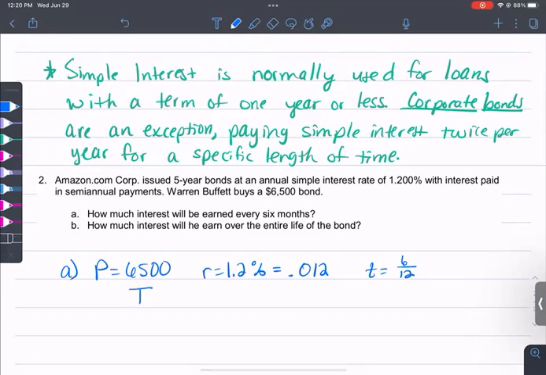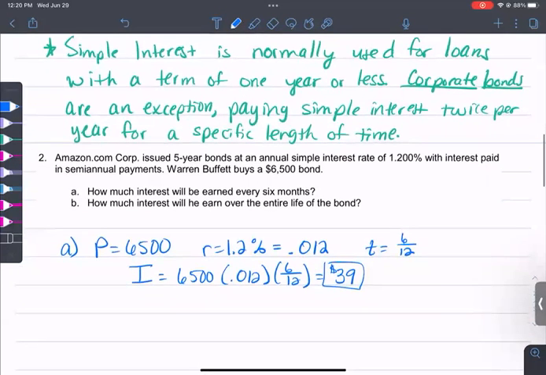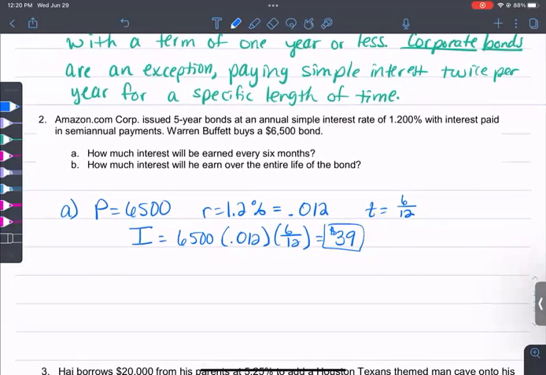So the interest that's earned every 6 months, we do 6,500 times 0.012 times 6/12 and get 39. So $39 would be the amount paid every 6 months. So part B asks how much interest will be earned over the entire life of the bond.